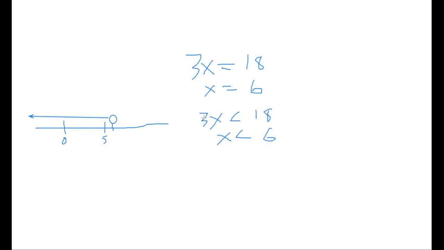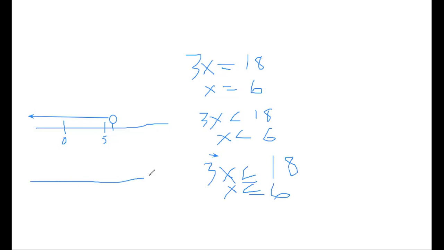But if you plug 6 back in here, 3 times 6 equals 18. It's not less than 18. So that's why the circle has to be open. You cannot include it. When you do the other though, 3x less than or equal to 18, x less than or equal to 6.